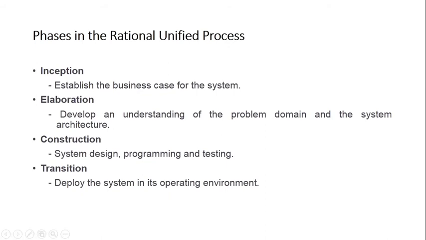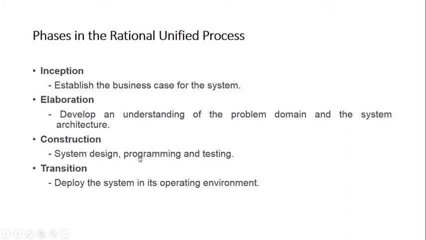Clear with this? So inception is establishing the business cases, right? We have use cases. Similarly, we prepare the business case diagram here. Business cases are nothing but the business requirements. Elaboration is developing an understanding of the problem domain, and the system architecture is developed here.